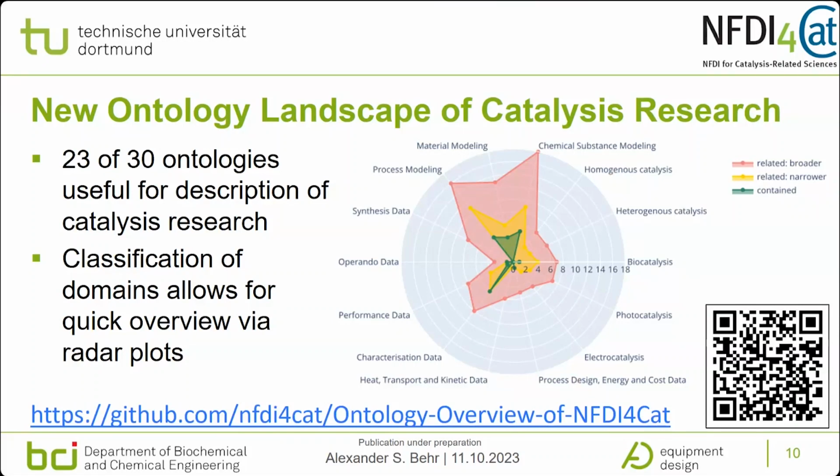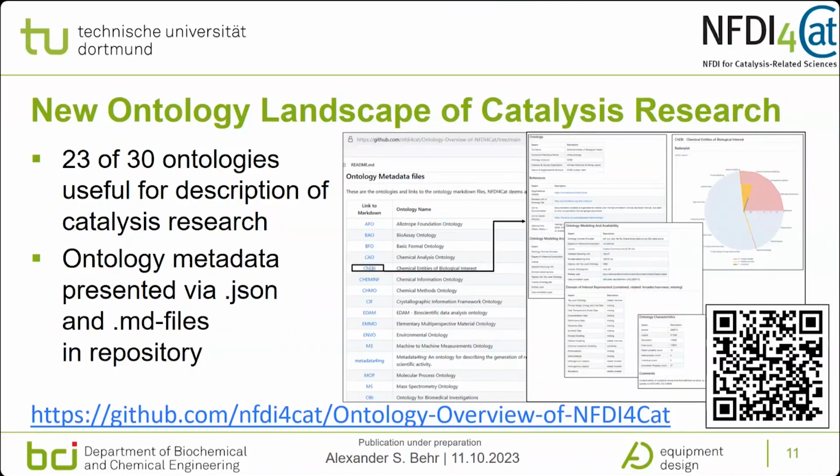If you want to, you can also visit our GitHub repo and see it all in action there. We present all the metadata in markdown such that you can click through everything. And it looks like this. On the left-hand side should be the landing page of the main README file of the GitHub repo.